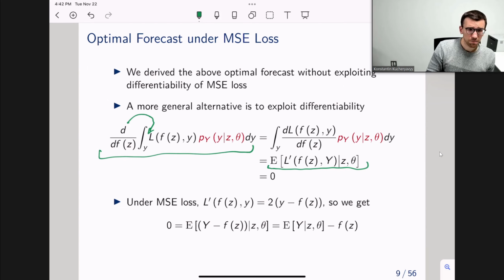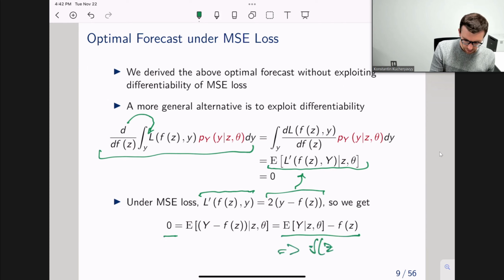Then say if we have an MSE loss, then the derivative of the quadratic loss with respect to f will be this. Then we can substitute it here. And so from here we get 0 is equal to this, which implies the same as what we got before.